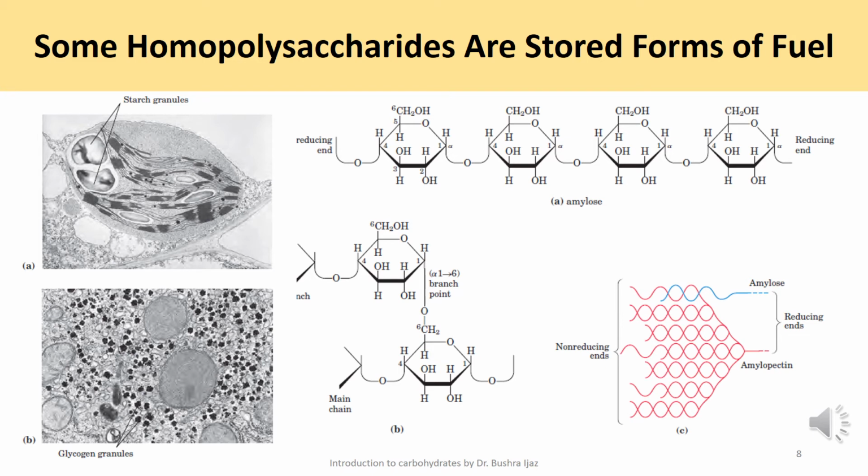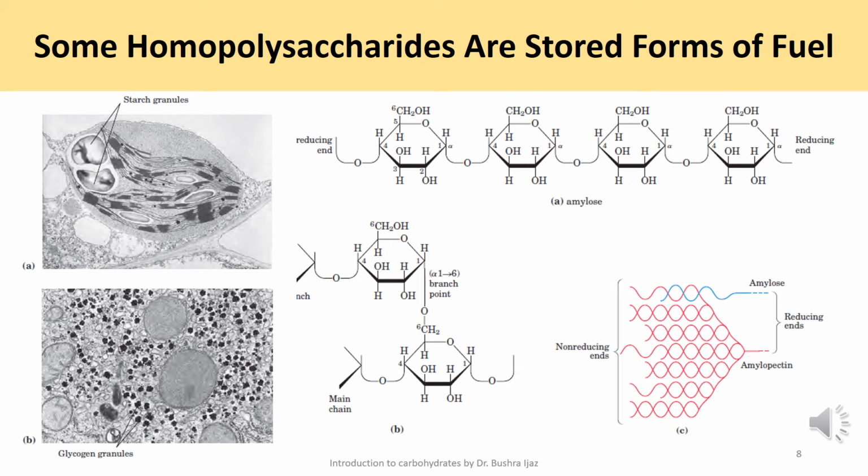In the liver cells, the hepatocytes, glycogen is found in large granules, which you can see in the electron micrograph in image B on the left side. These large granules are themselves clusters of small granules composed of single highly branched glycogen molecules with an average molecular weight of several millions.